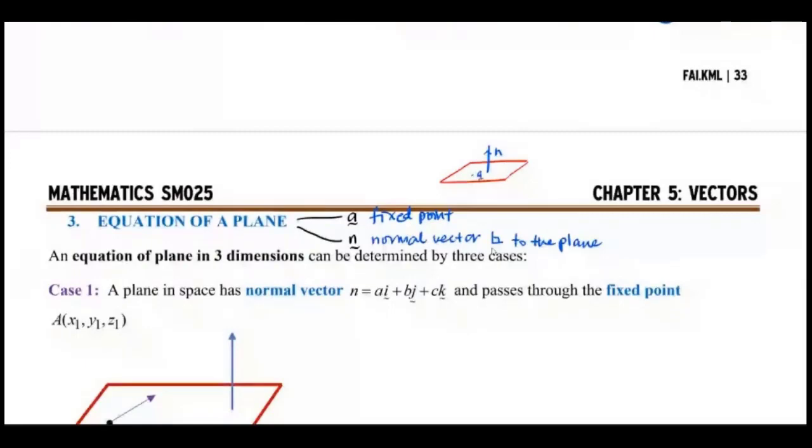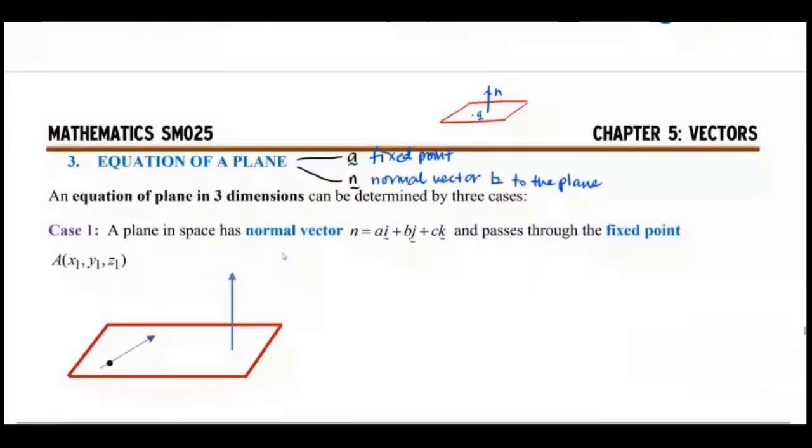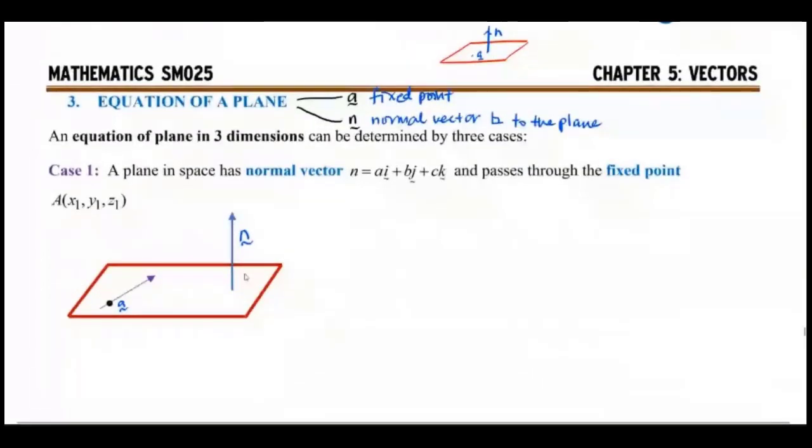So we have 3 cases. Okay, so first case, given normal vector and passes through a point A. So dia bagi benda yang basic, A dan juga N. Okay, from this diagram, let's say we have random point which is R. So we're gonna have the equation which is AR is perpendicular to the N. So for AR perpendicular to the N, we will come up with the properties which is AR dot N equal with 0.